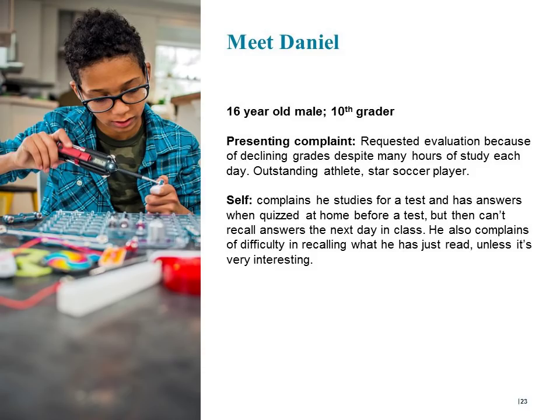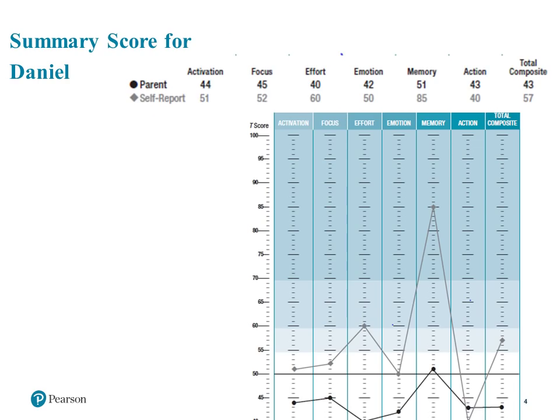He also complains that when he reads something, unless it's something that is really interesting to him, it's exceedingly difficult for him to remember. This is not a hyper boy, and teachers over the years had not suggested that he was a candidate for thinking about ADHD, but take a look at what he's reporting here.